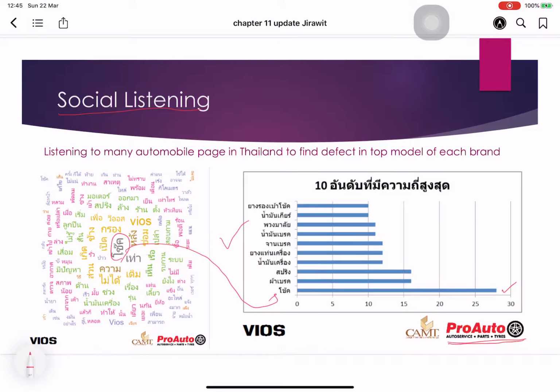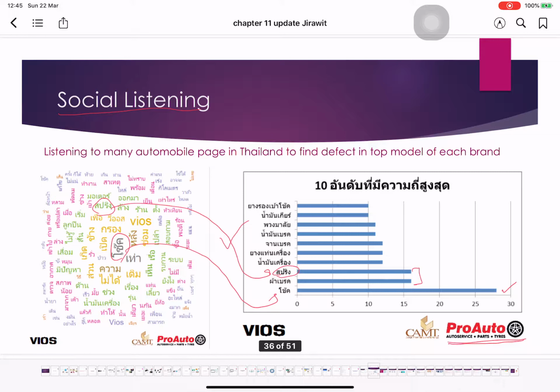And it's about spring on the car that they want to check. Number 3 equals a brake. That is the example.